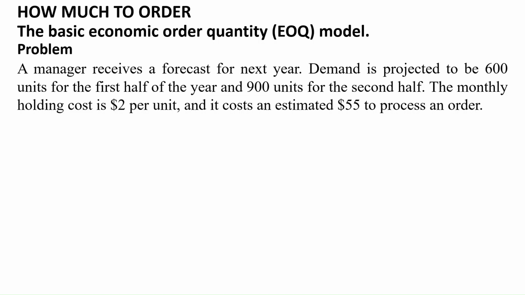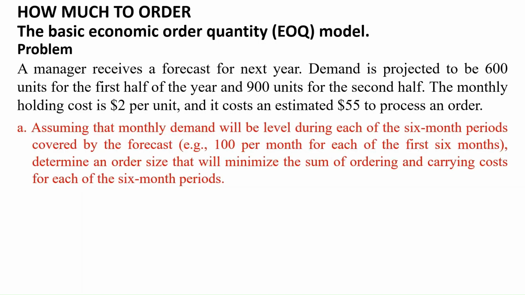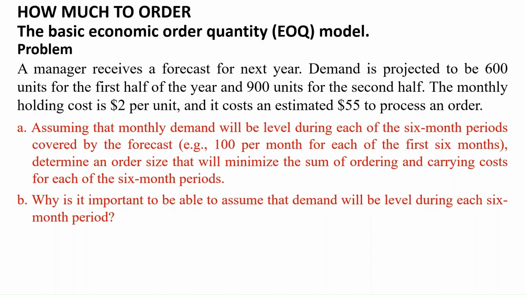Another problem. A manager receives a forecast for next year. Demand is projected to be 600 units for the first half of the year and 900 units for the second half. The monthly holding cost is $2 per unit, and it costs an estimated $55 to process an order. Assuming that monthly demand will be level during each of the 6-month periods covered by the forecast, example 100 per month for each of the first 6 months, determine an order size that will minimize the sum of ordering and carrying costs for each of the 6-month periods.